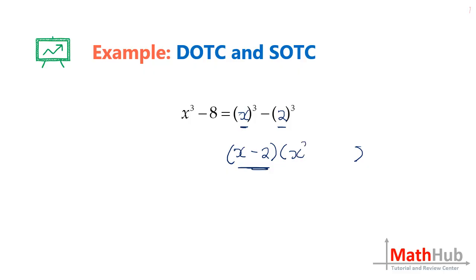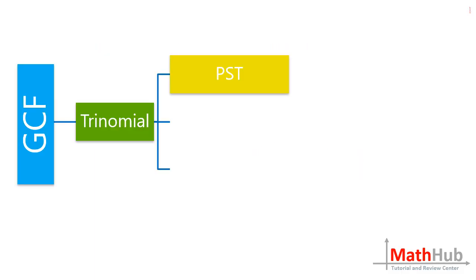So square the first term, minus becomes plus, product of the two terms, 2x, and then plus square of the last. If you look at these two factors, they are no longer factorable. So that's it. X cubed minus 8 is equal to x minus 2 times x squared plus 2x plus 4.